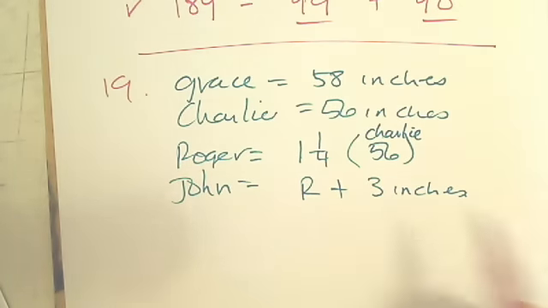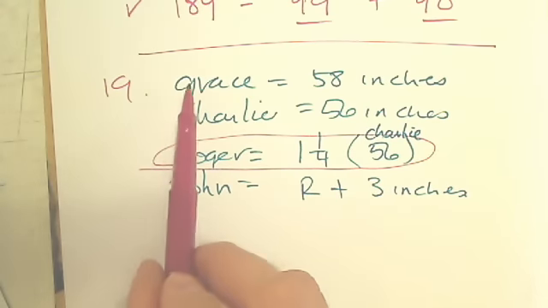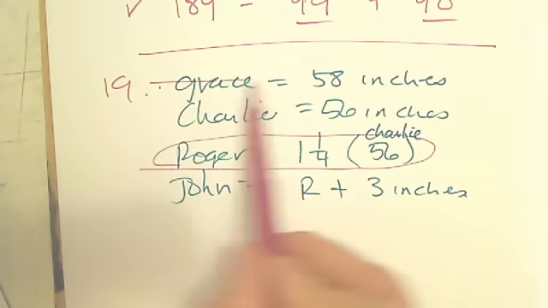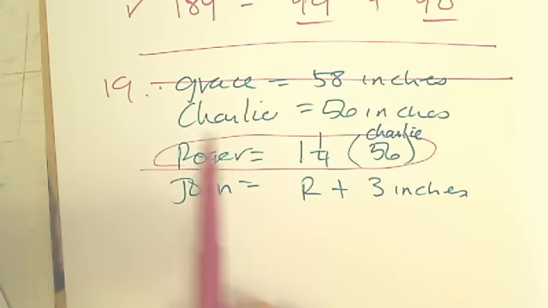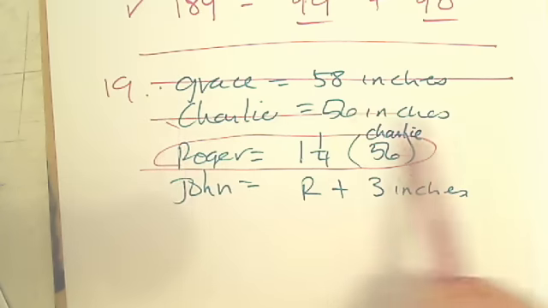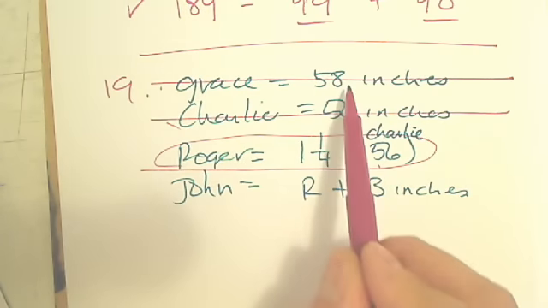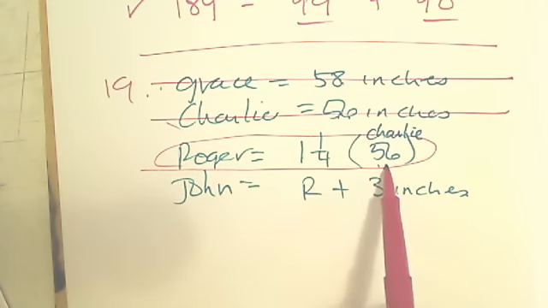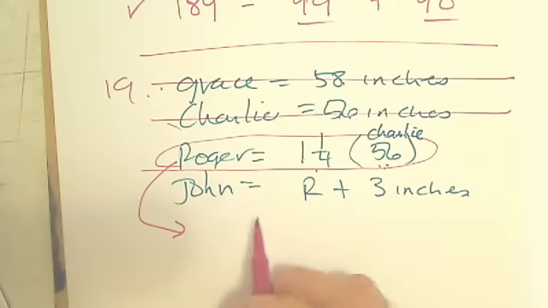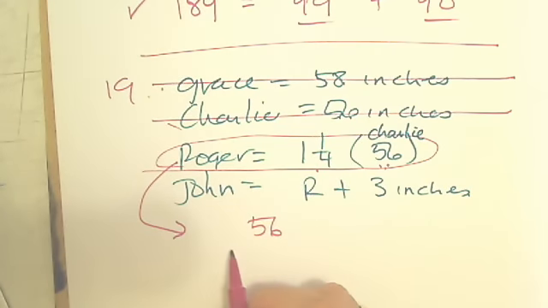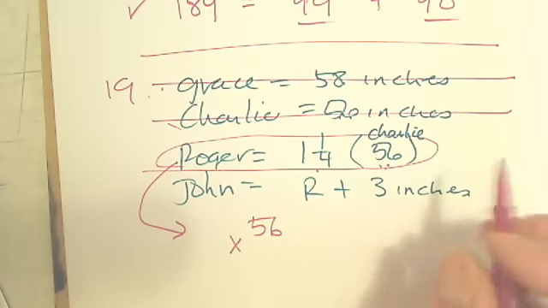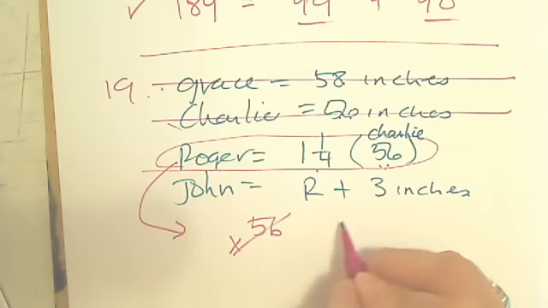What do we have to do first right here? Do we need to know what Grace is? Nope. Do we need to know what Charlie is? Nope. We knew this because we took a 2 away. We know that this is 56. So let's multiply 56 times, well, what's 1 1/4 in a decimal? Oh, sorry, 5/4, or how much money do you have?